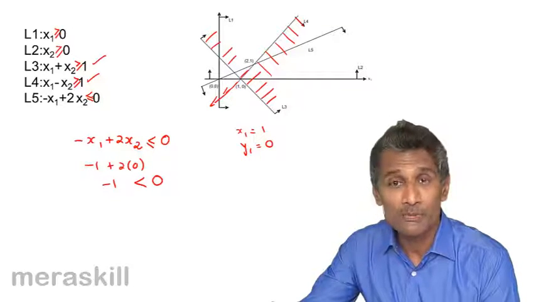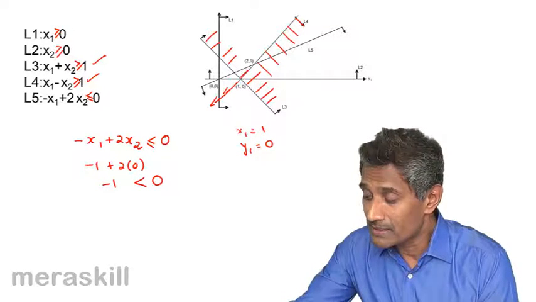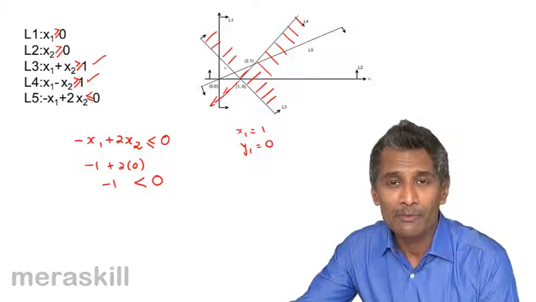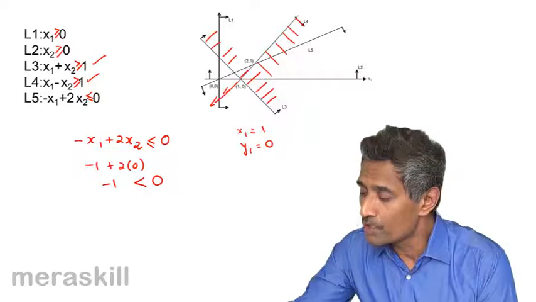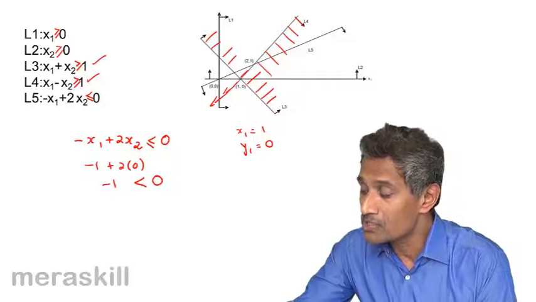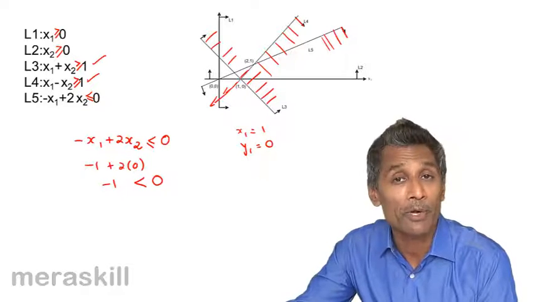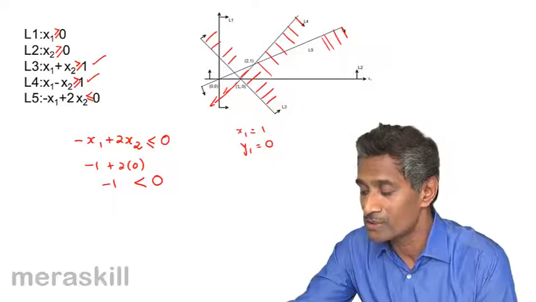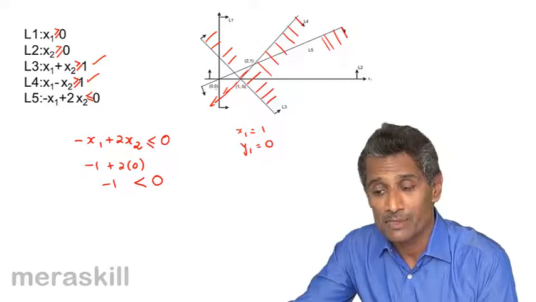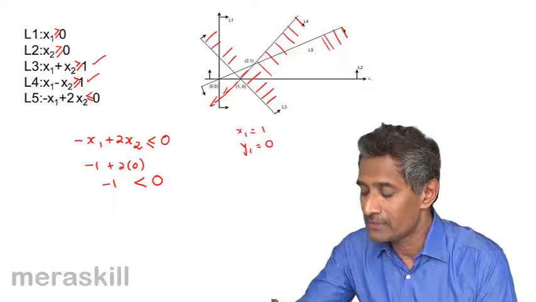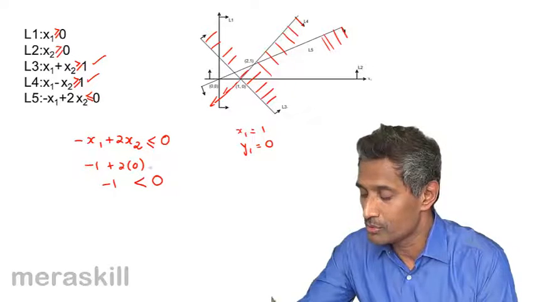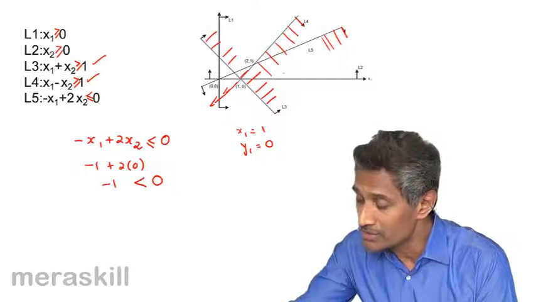But when it comes to this particular line, it's passing through the origin. So we have a wee bit of a difference. So we look at some point which is lying in this particular region which has been mentioned. So that's why we took the point 1, 0 and substituted x1 as 1 and x2 as 0. And we found that -x1 plus 2x2 was actually less than 0. So this region is this.